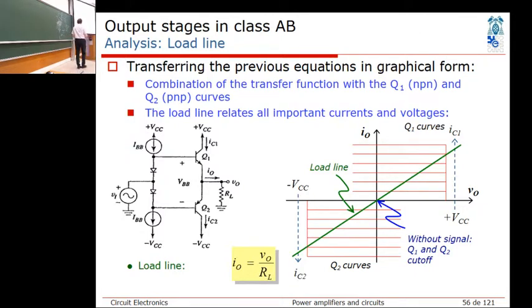Without the signal, we have perfectly balanced, so that basically we have a little bit of tiny bias current going through that way, but keeping this point at 0 voltage. And that you make by making sure that you have these diodes here match perfectly with the transistors. Okay, good.